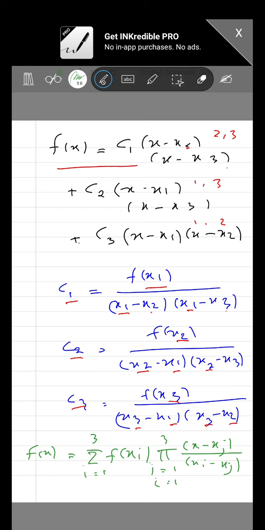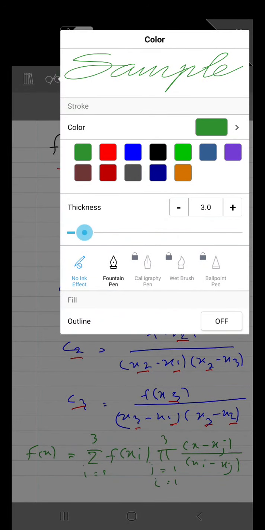So this is how you can write the polynomial, and this is nothing but the Lagrangian polynomial.